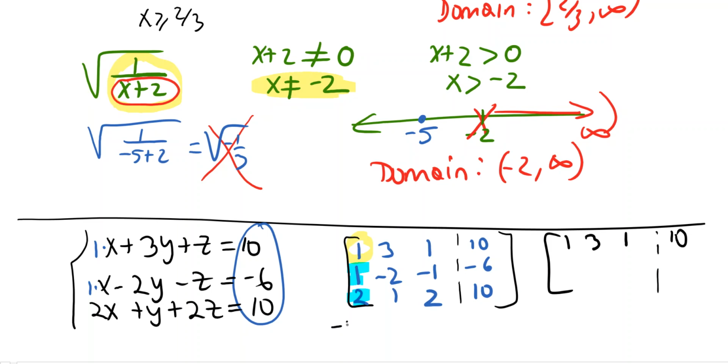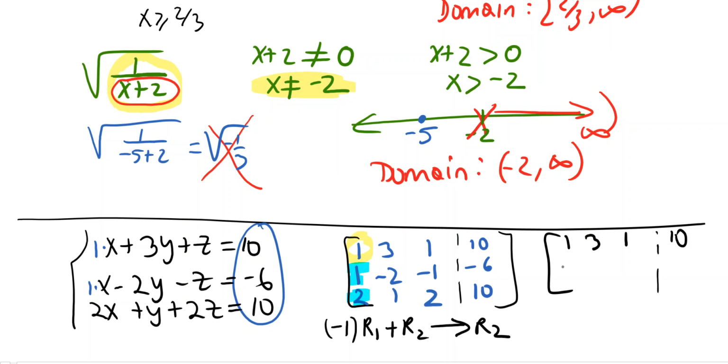Or I can take negative 1. Let's do this. I can take negative 1 times row 1 plus row 2, and that's going to be my new row 2. These are legitimate operations that I can do to a matrix. I can multiply everything by negative 1. I can add 2 rows. Okay? So negative 1 times row 1 plus row 2.